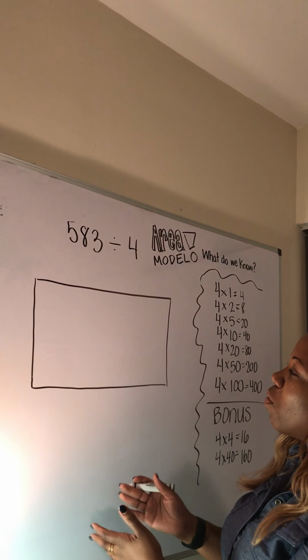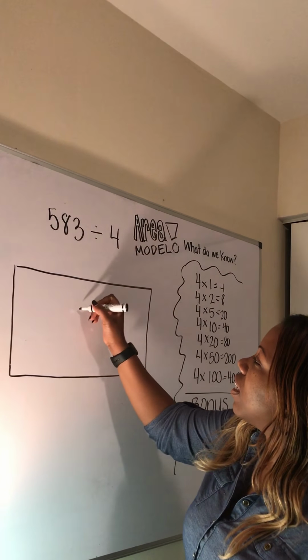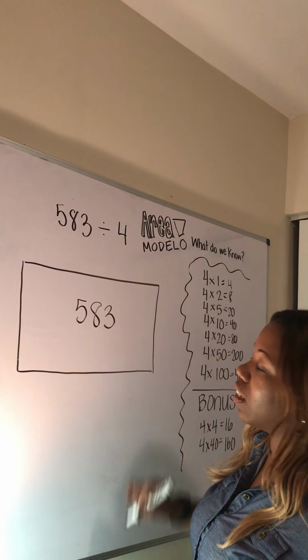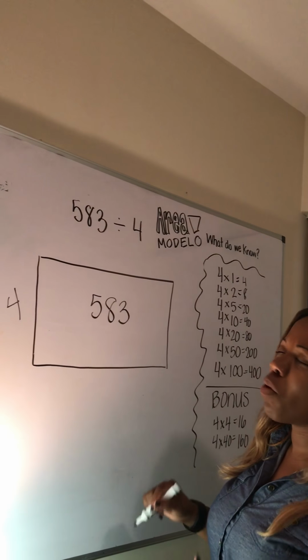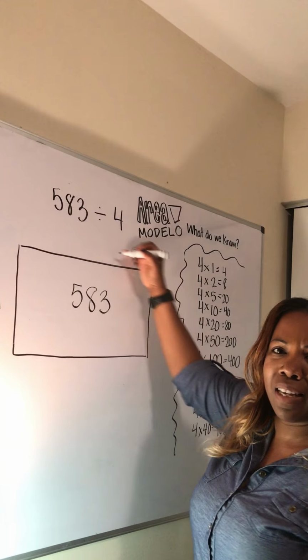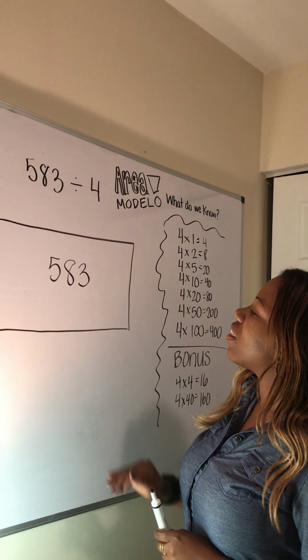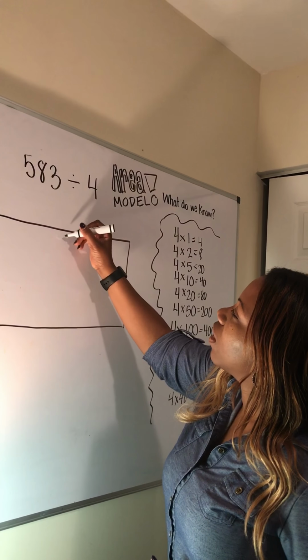And now what we're essentially thinking about when we're looking at area model is that the area of this rectangle is 583, okay? And we have a length over here of 4. So what we're really just trying to figure out is, what is the width up here? What is this, okay? So what we're going to start with is we're going to partition this rectangle.